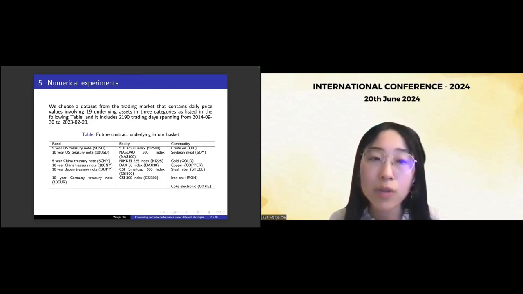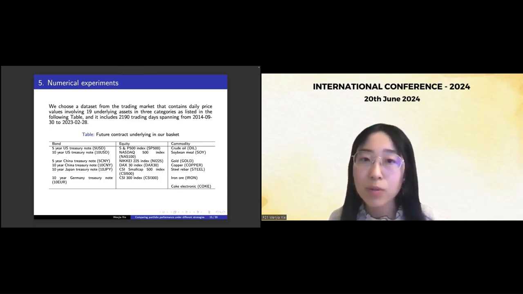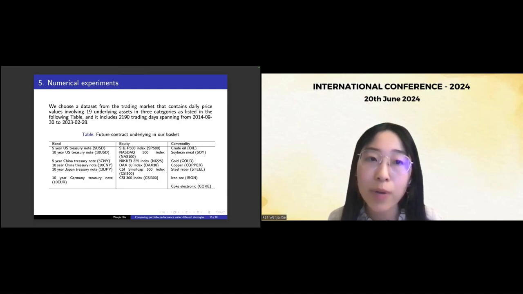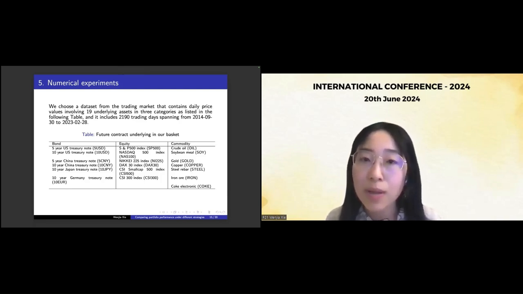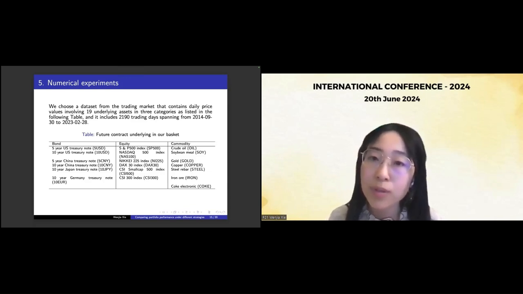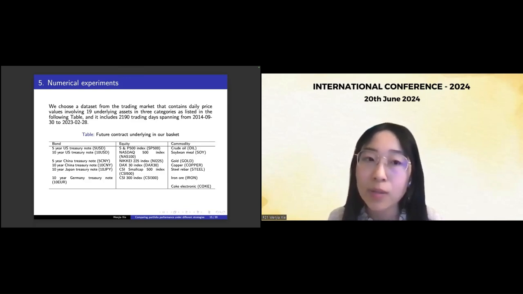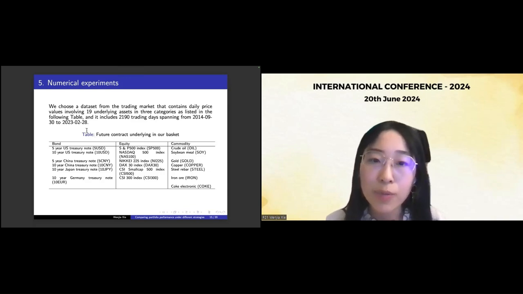Here are our numerical experiments. We choose a dataset from the trading market that contains daily price values involving 19 underlying assets in 3 categories, as listed in the following table, and it includes 2,190 trading days from 2040 to 2023.